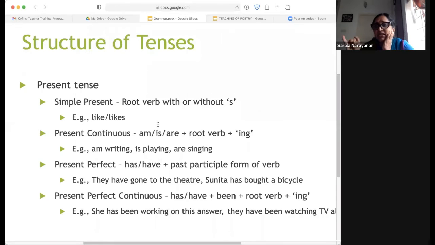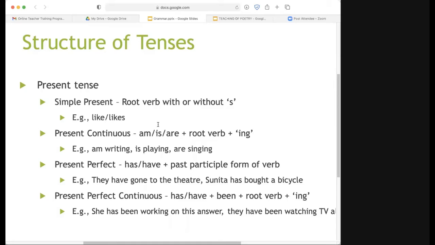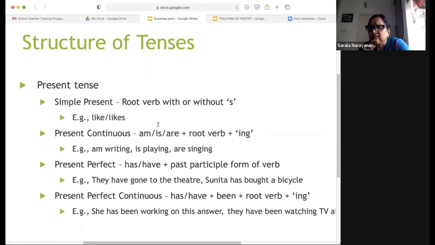So the simple present tense structure will be root verb with or without s. But in third person, s comes, isn't it? In third person, he likes. He, she, it, we add s. That is what I said, singular with or without s.